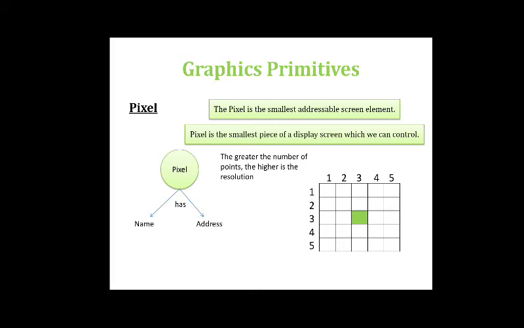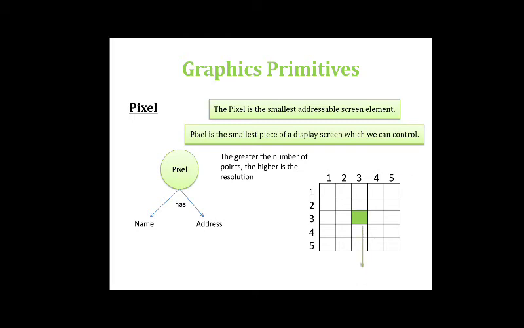The pixel screen is nothing but a grid or array of pixels. Here is a screen and we are maintaining the pixel grid, an array of pixels, that is 5 by 5, right. Now, for the green pixel, I want to find out its address. So, I will find out the coordinates of that pixel.